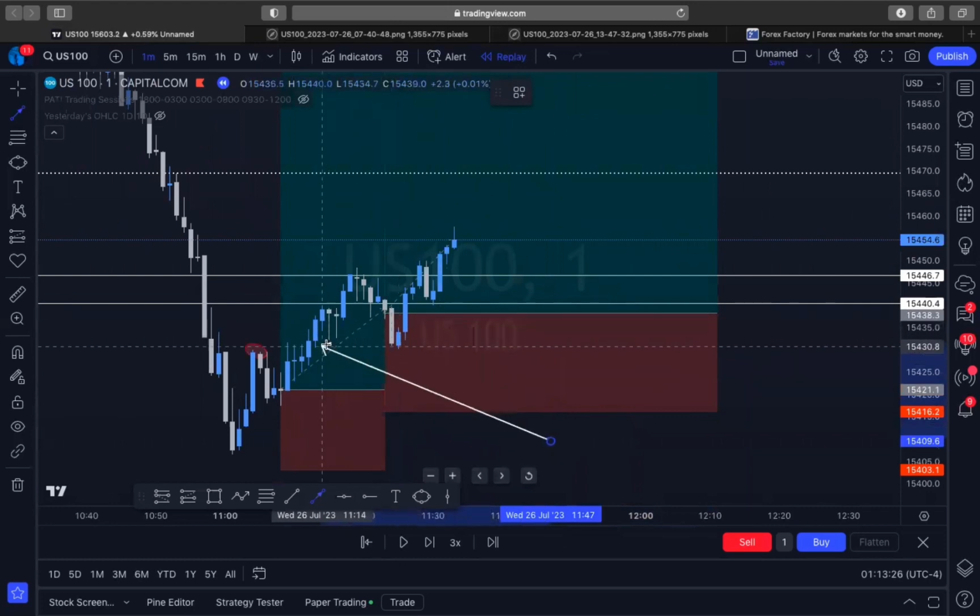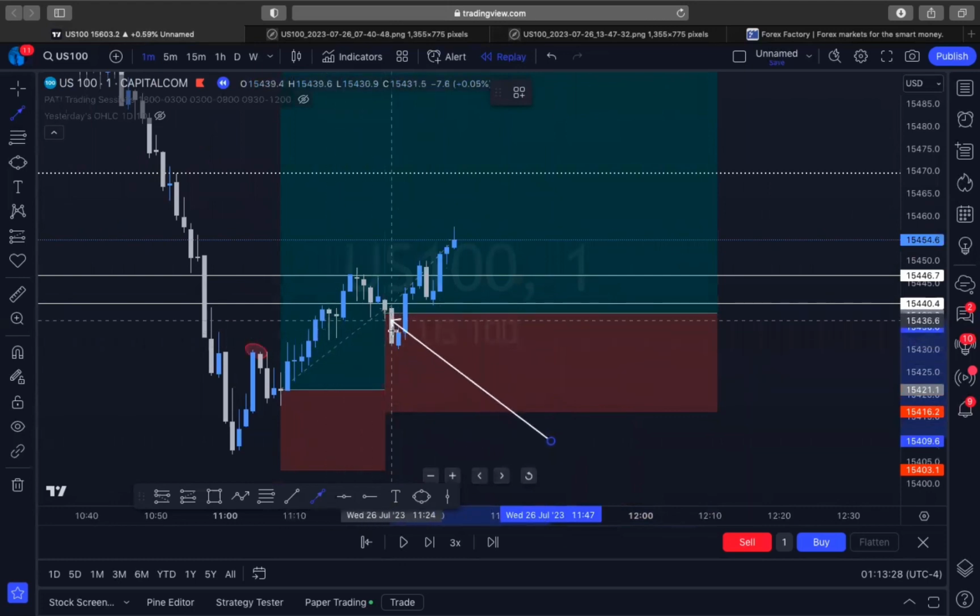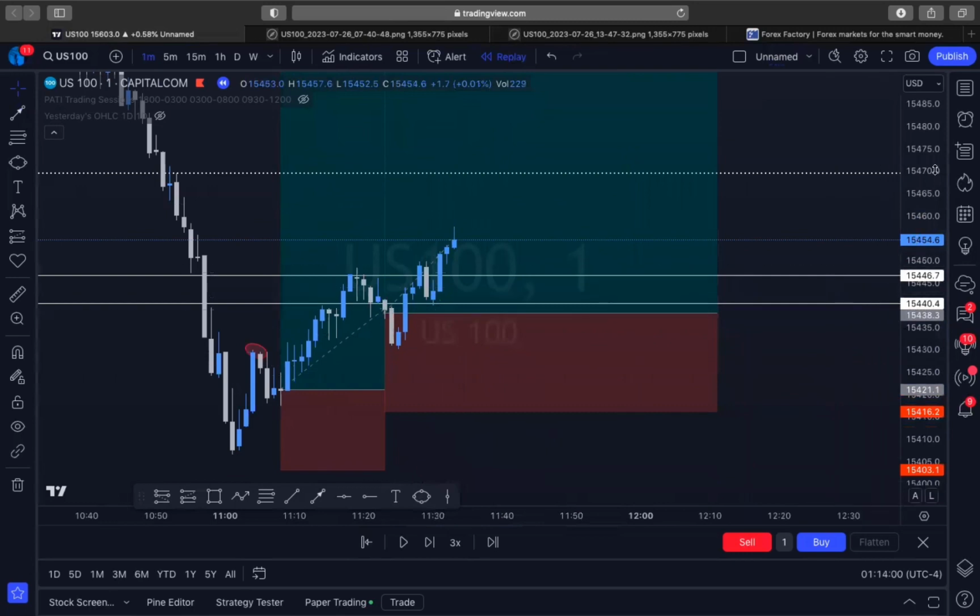It comes down, it takes these lows here, creates a new low, and then runs away, creates a new high right here, comes back down, tags this fair value gap right here, and that NWOG also is, you see how precise that is? It taps the bottom of the new weekly opening gap and then continues. So this candle right here would have been another entry for a long, for a buy.